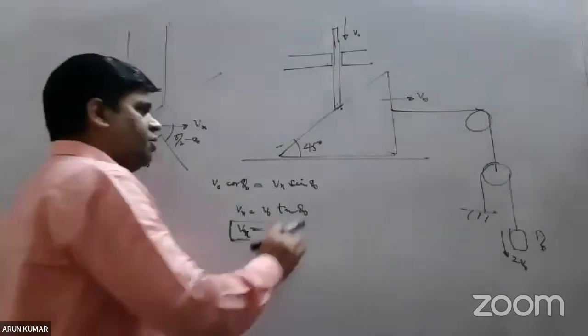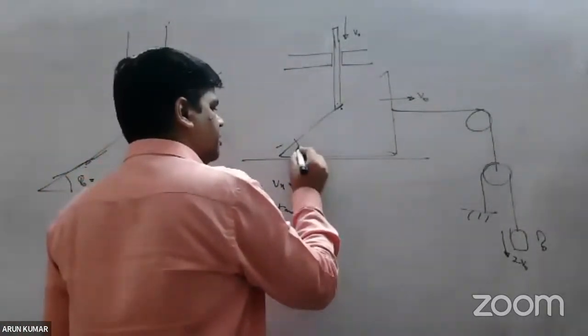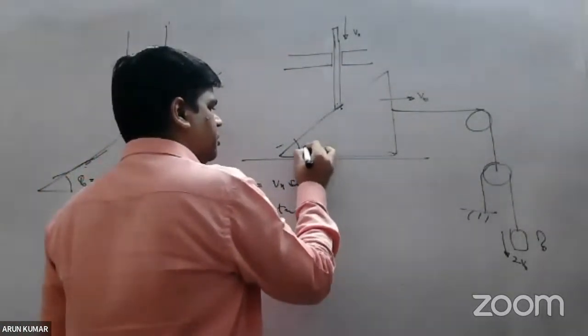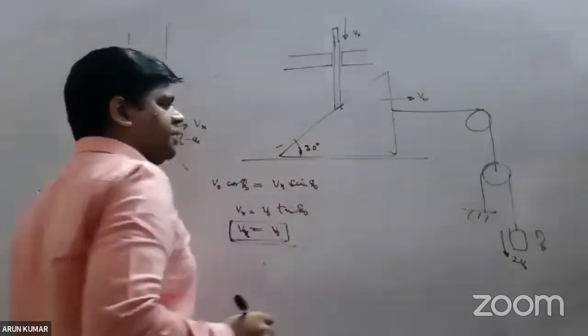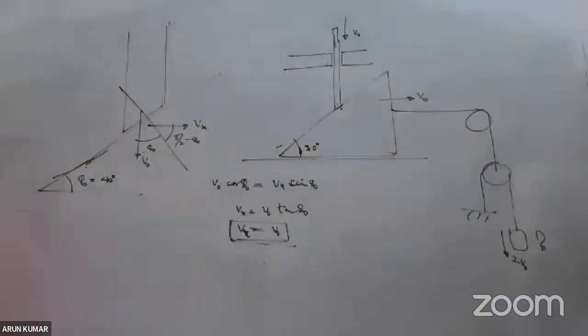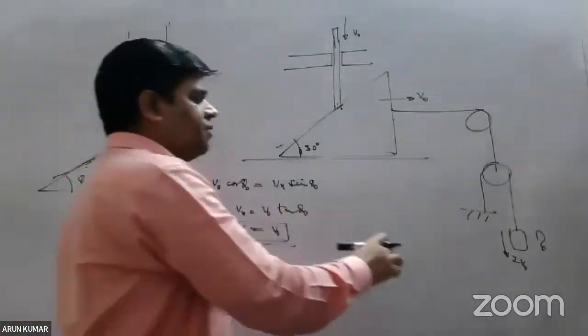Now do the same thing for this, which is 30 degrees. When this is 30 degrees, find the velocity of the hanging block, when the rod is coming down with velocity V naught.